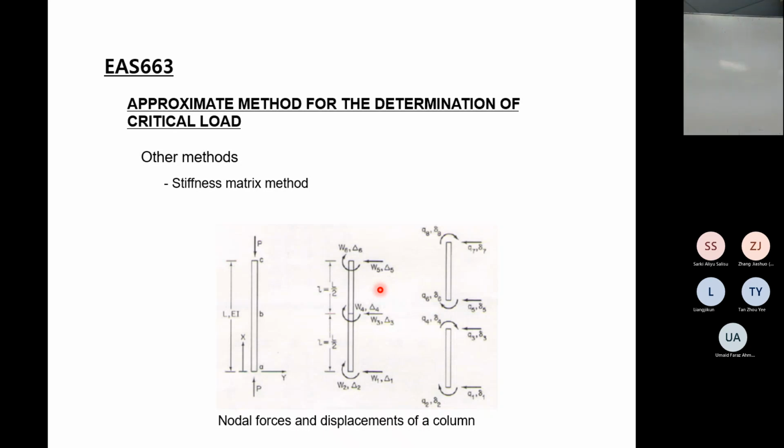For the stiffness matrix method, in order to consider this effect, we must add to the normal stiffness matrix that we have for beam problem a stiffness matrix which accounts for the effect of axial force.